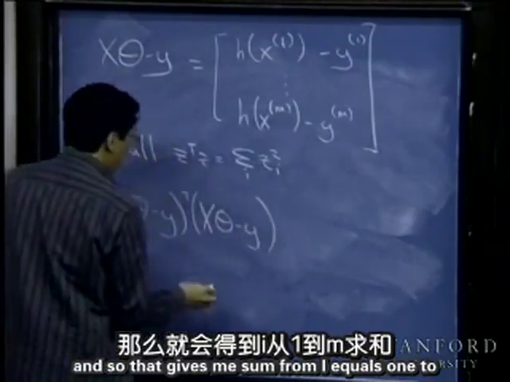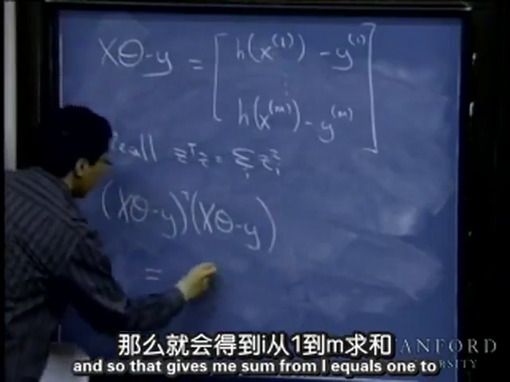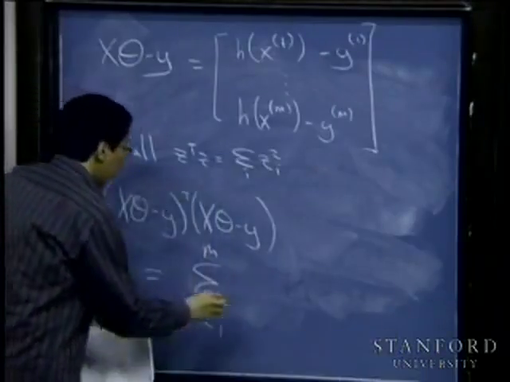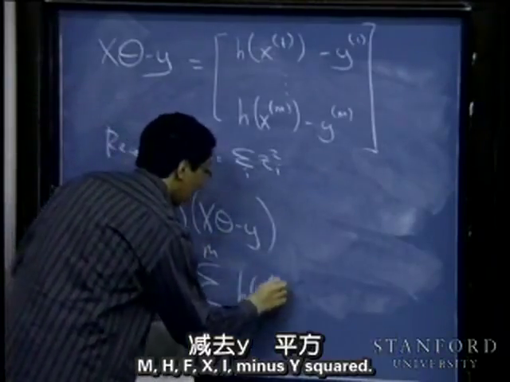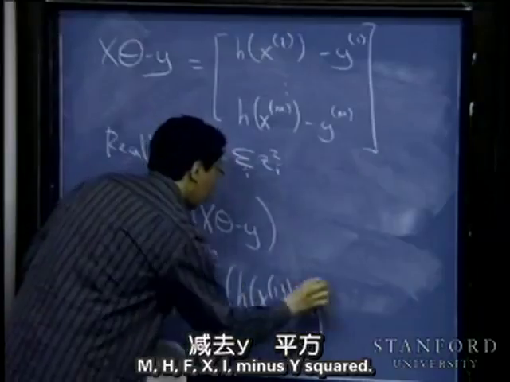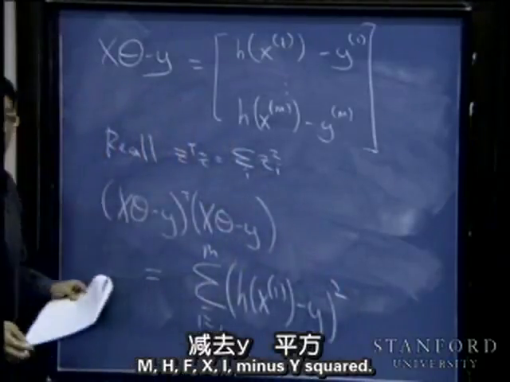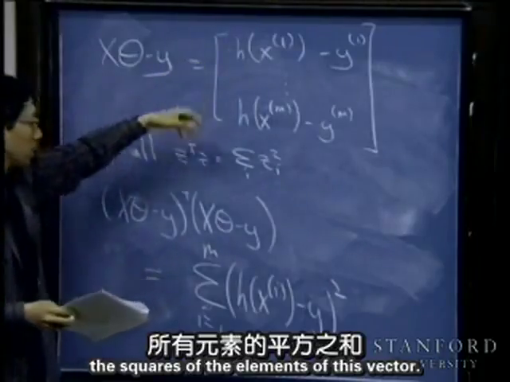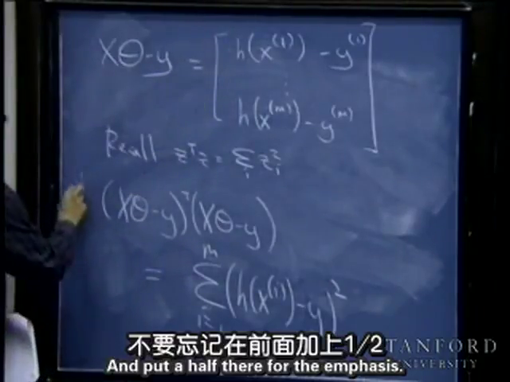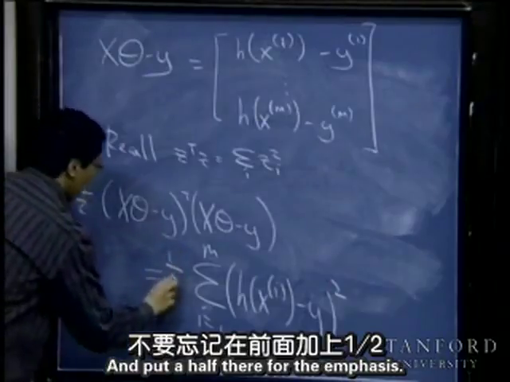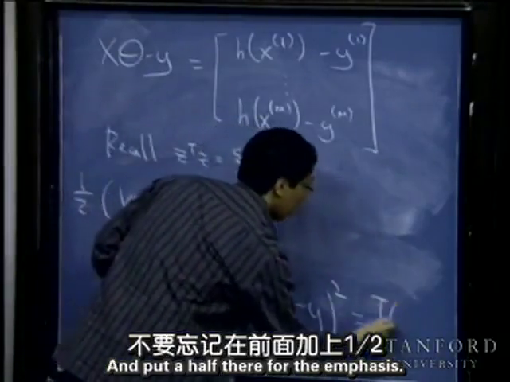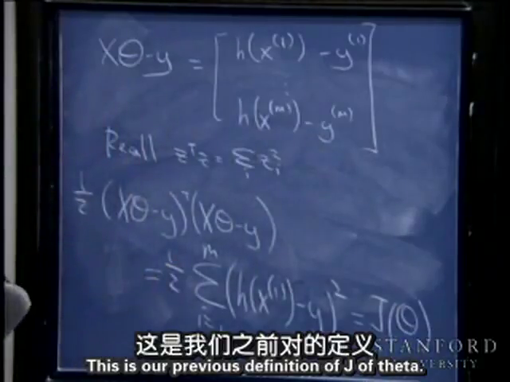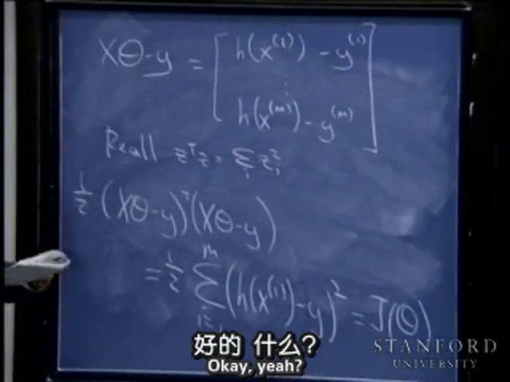And so that gives me the sum from i equals 1 to M of H of Xi minus Yi, squared. Okay, since it's just the sum of squares of the elements of this vector. And with the half there, this is our previous definition of J of theta. Okay?